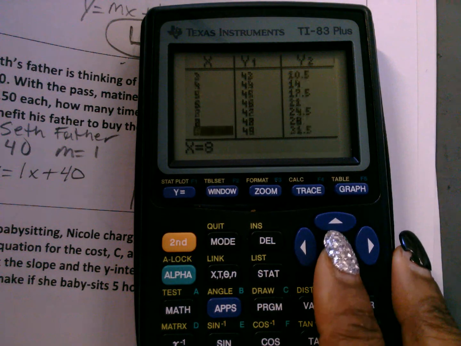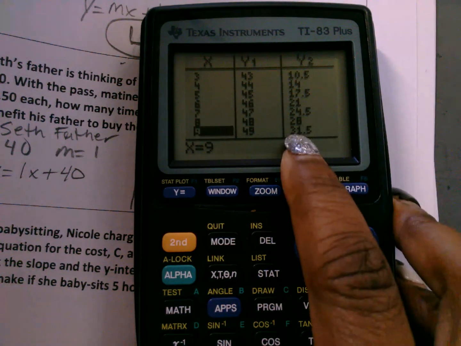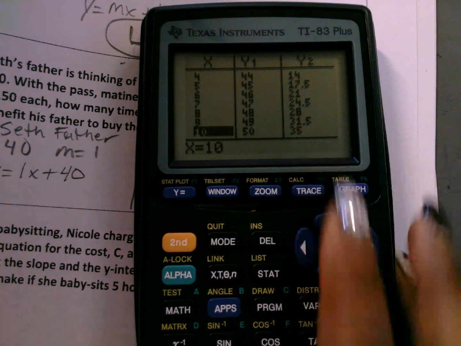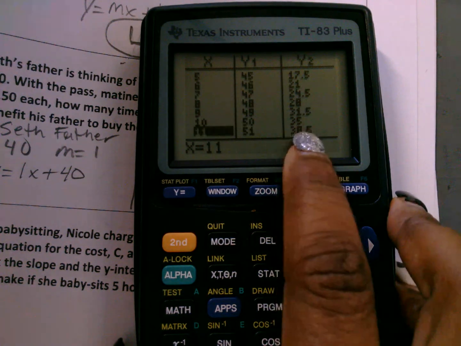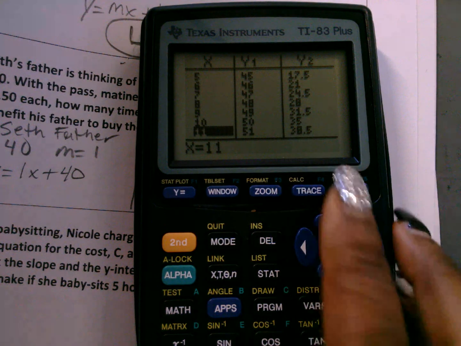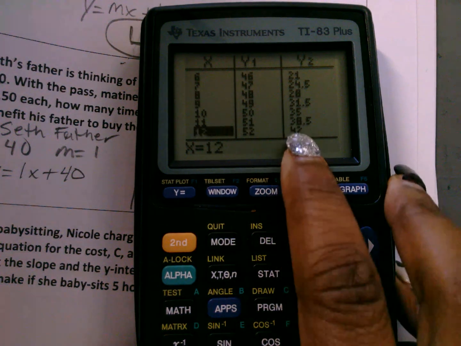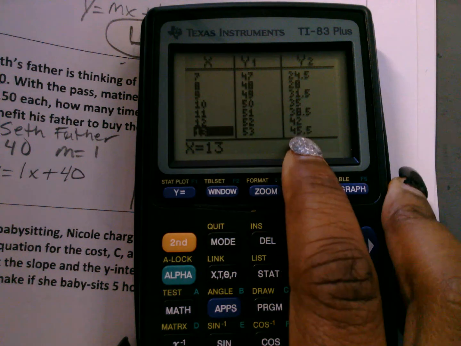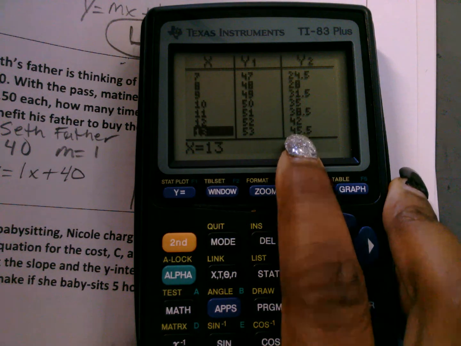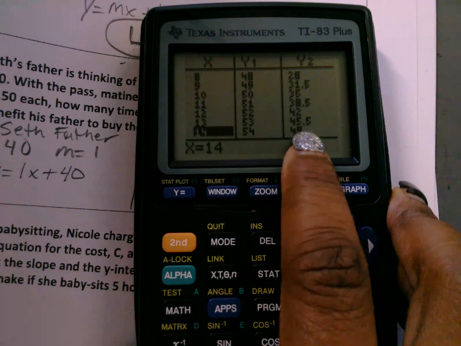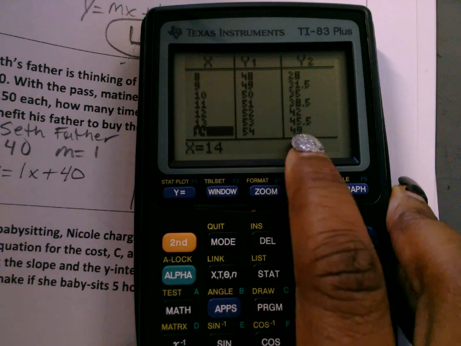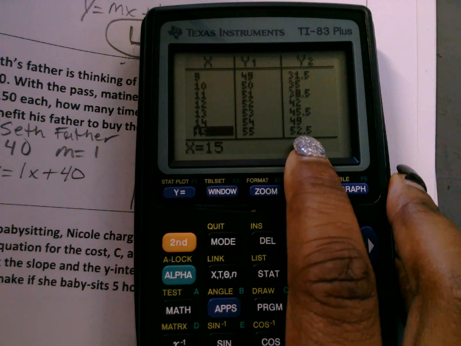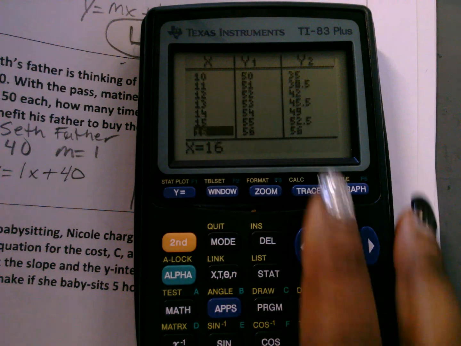So go down another one. 9, it's still cheaper to do this deal. 10, still cheaper. 11, still cheaper over here. 12, still cheaper here. 13 tickets, still cheaper here. 14 times going to the theater is still cheaper here. 15 is still cheaper. $52 is still cheaper than 55.